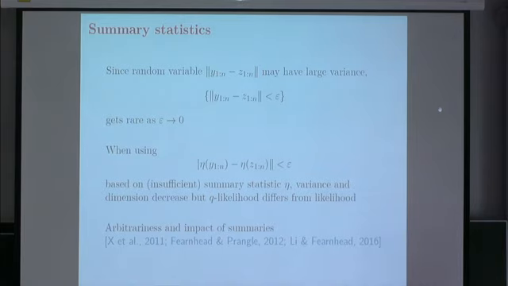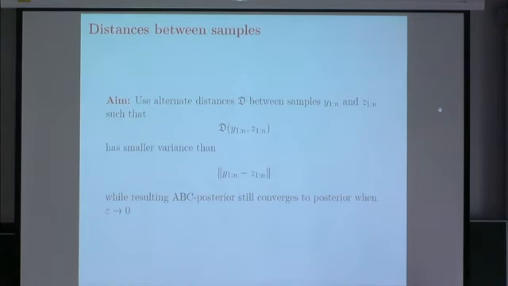But of course, there is still an impact of the summary that is hard to assess in a complex problem, because you cannot run simulation experiments to compare summaries and check the behavior of the ABC approximation in such cases. And so instead, well, we try something else.